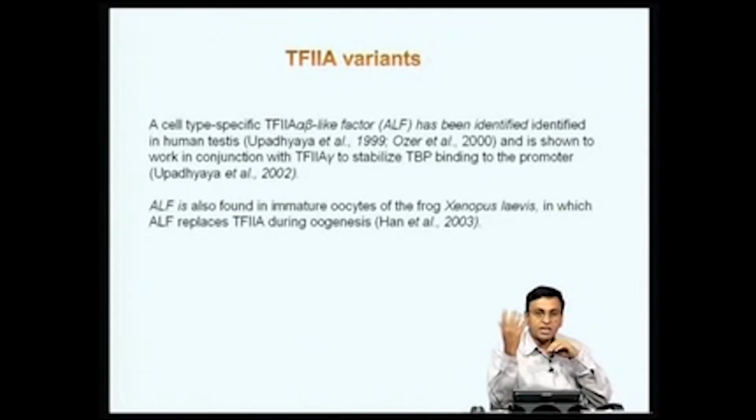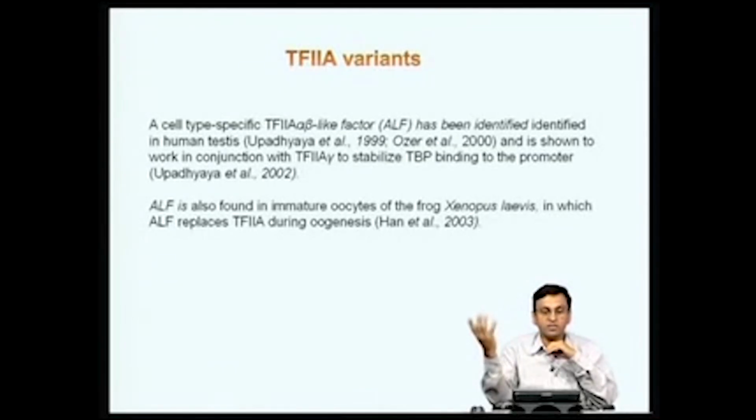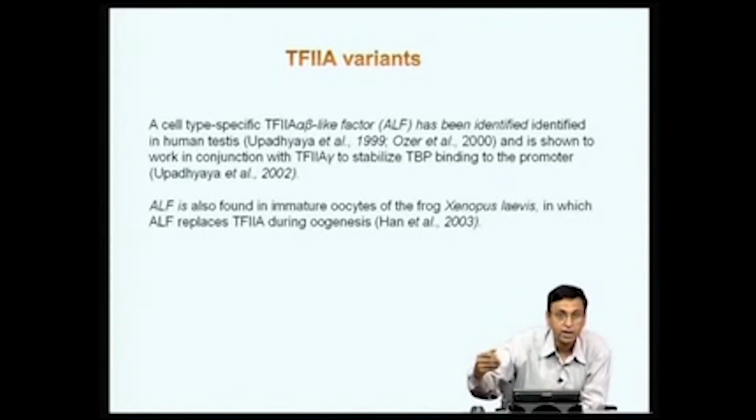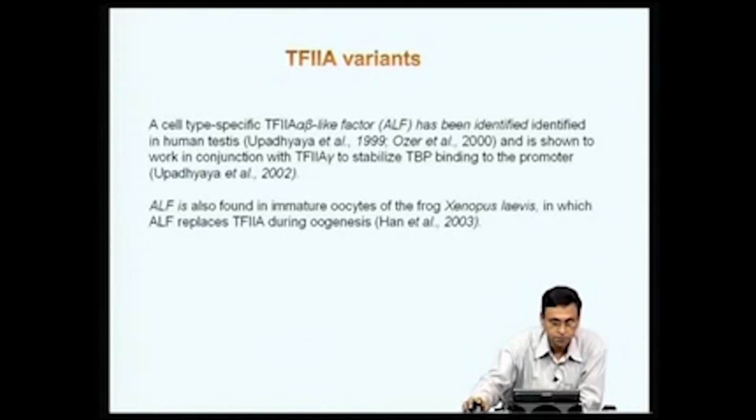Similarly, there are also examples wherein variants of TFIIA can also contribute to differential gene regulation. Not only TFIID, not only TAFs or TBP variants, even variants of TFIIA can contribute to differential gene regulation. For example, a cell type specific factor called TFIIA alpha beta like factor, or ALF, has been identified in human testes as early as the late 2000s, and this was shown to work in conjunction with TFIIA gamma to stabilize TBP binding to the promoter.